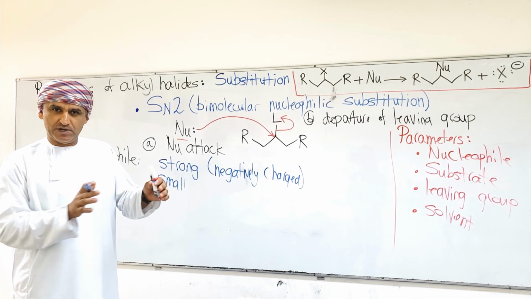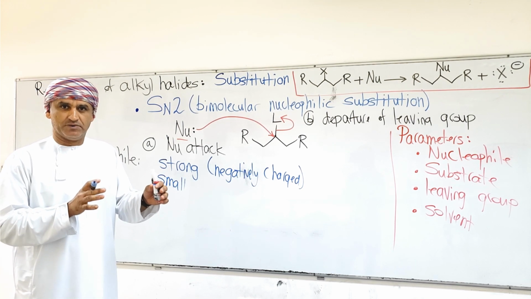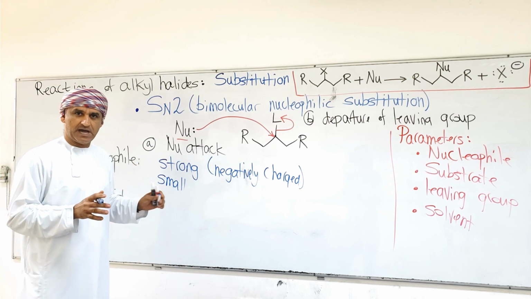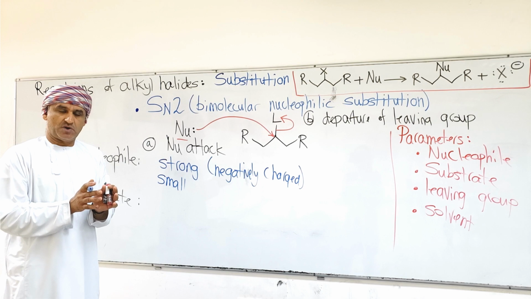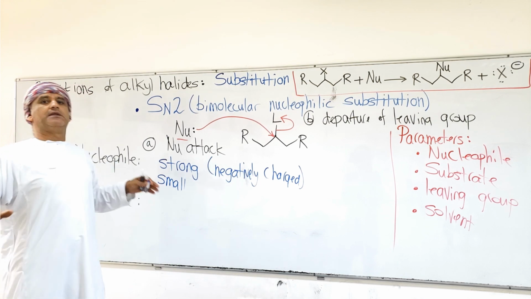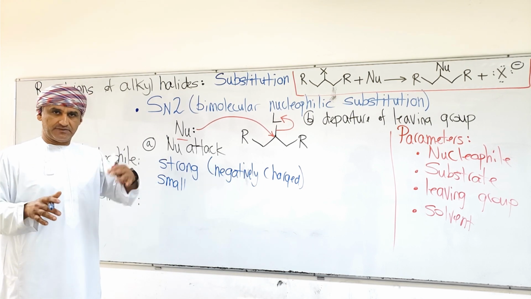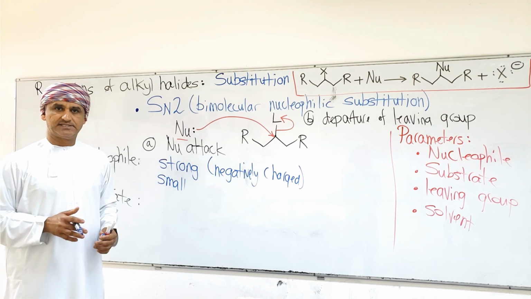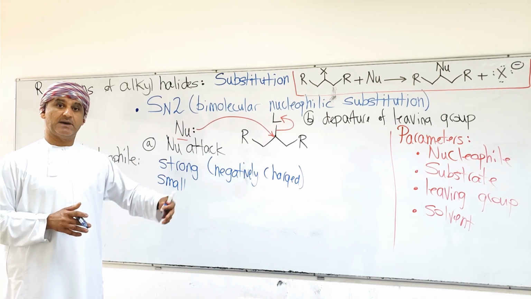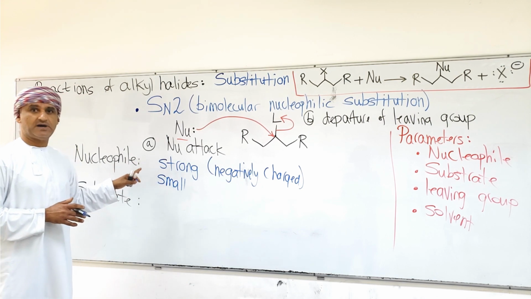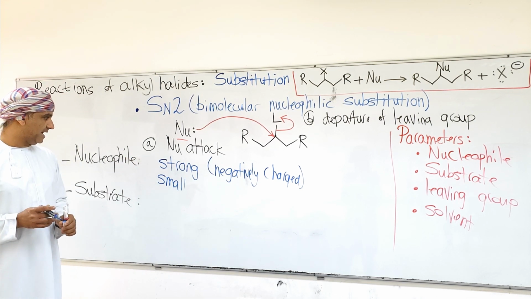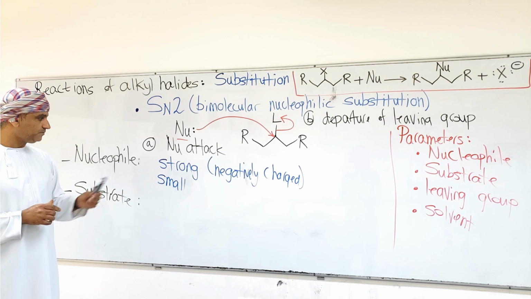The attack will not be fast and smooth. So the nucleophile should be small and charged, or small and strong, rather than weak and big, and that will hinder the SN2 mechanism, and therefore it will not be SN2. So this is very important. The nucleophile should be strong and small.